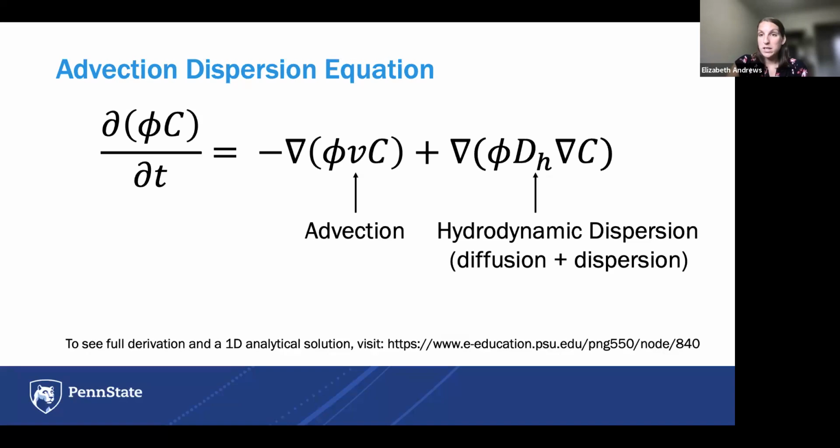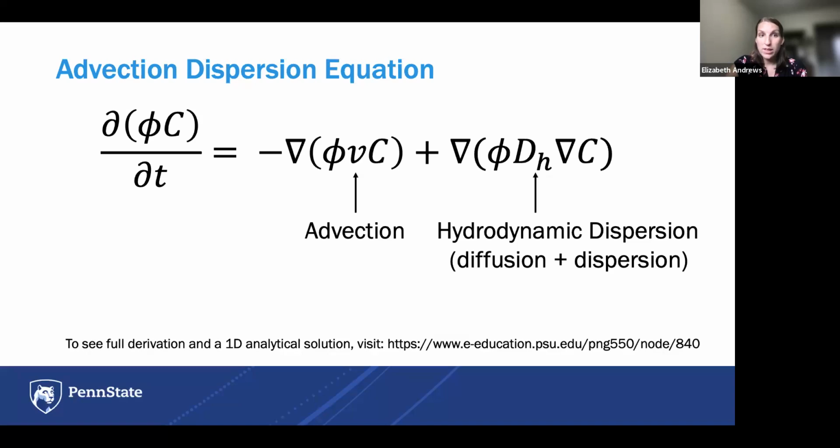And that is basically a combination of both diffusion and dispersion. And those two processes combine to make the advection dispersion equation that goes into simulating solute transport. We have no reaction here. This is just non-reactive transport through a system.